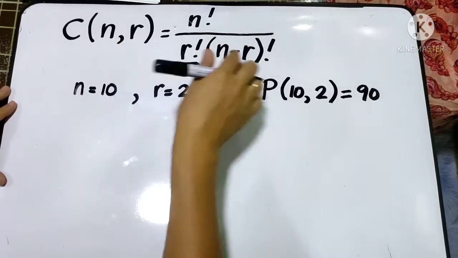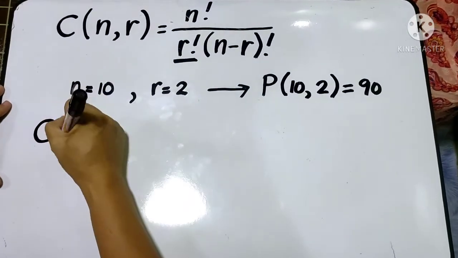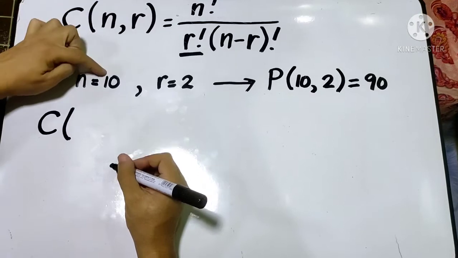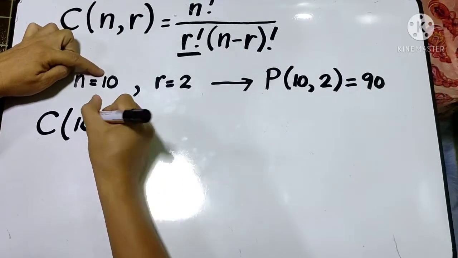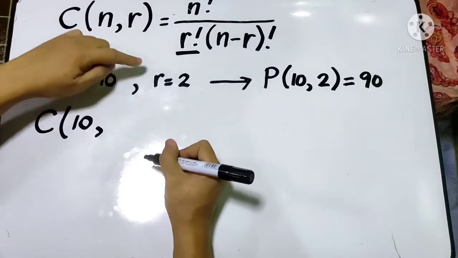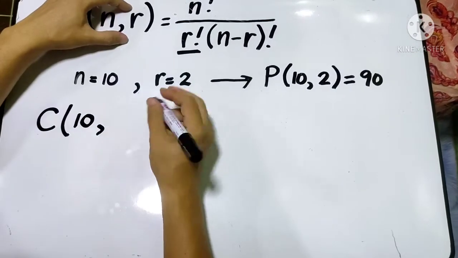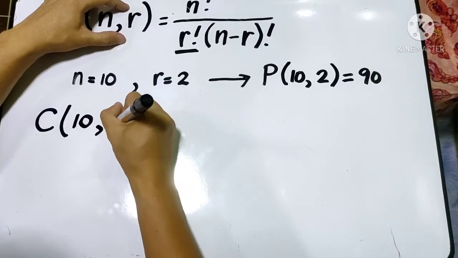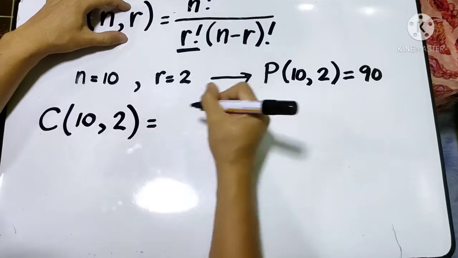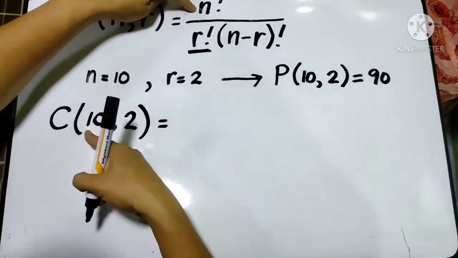If you're going to use the formula, you will have combination of n will be replaced by 10, comma, then r will be replaced by 2, is equal to n, replace it with 10.